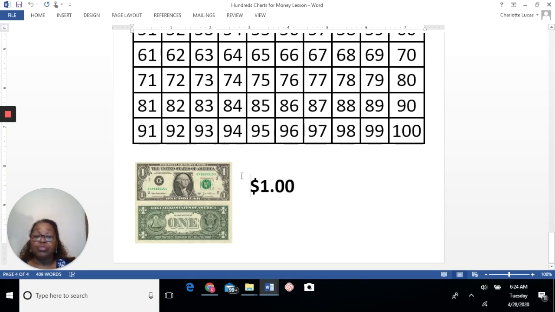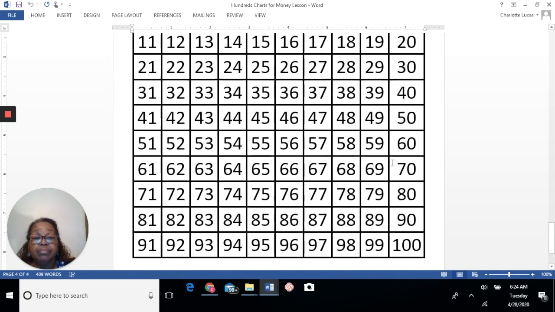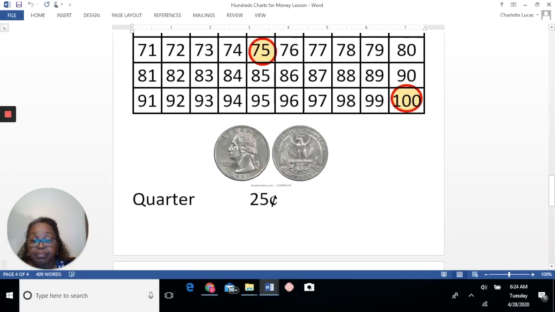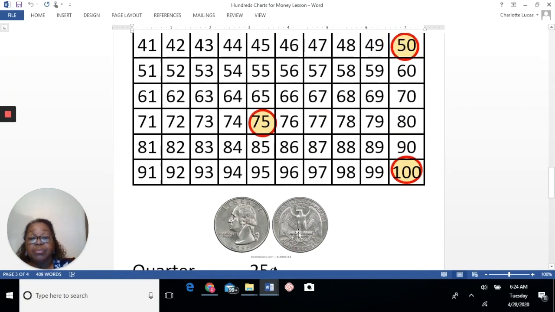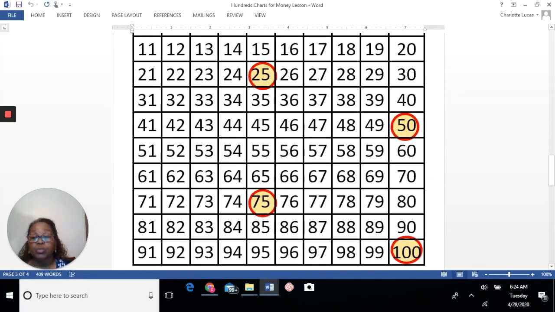Then it says 90 cents. We can start with quarters. If we start with quarters, we're going to skip count by 25. 25, 50, 75, a dollar, too much. Let's stop at 25, 50, 75. Let's see what we get.